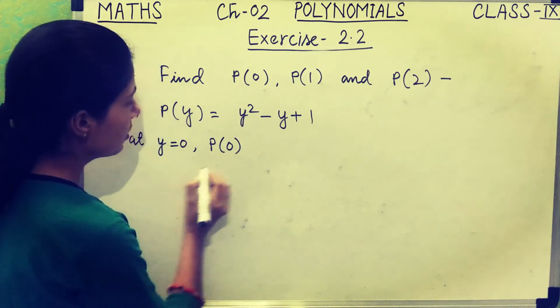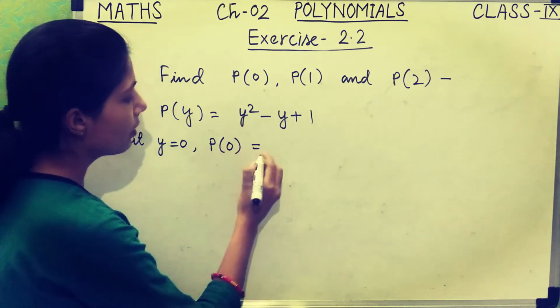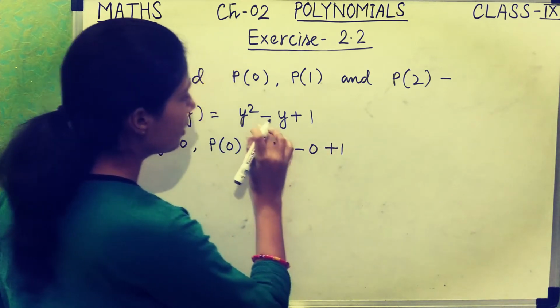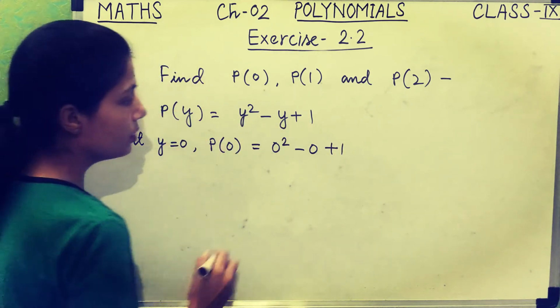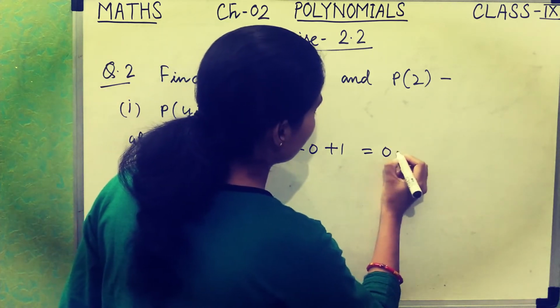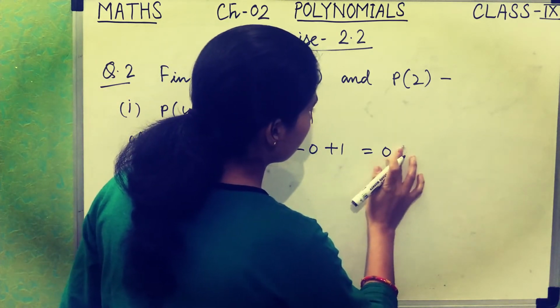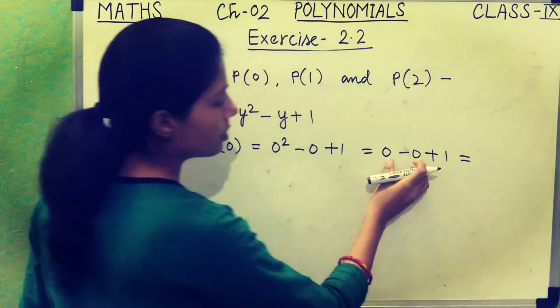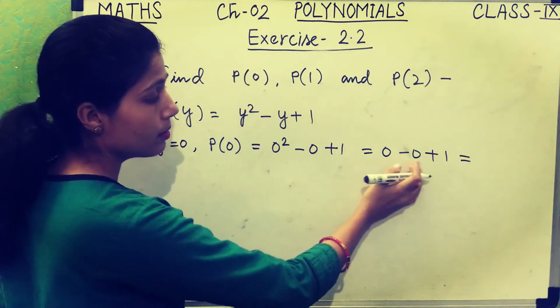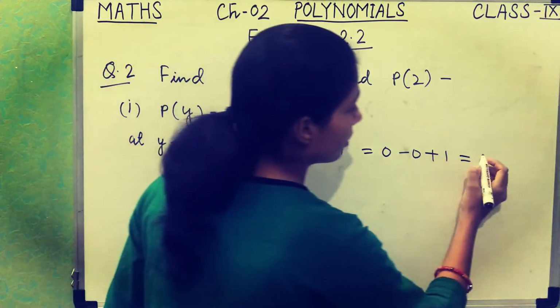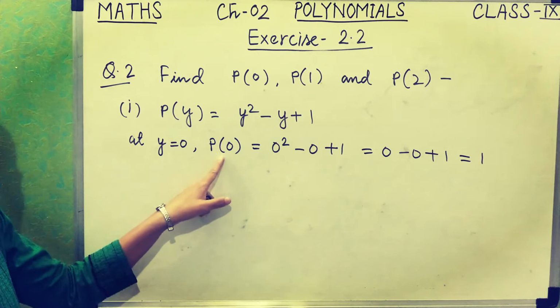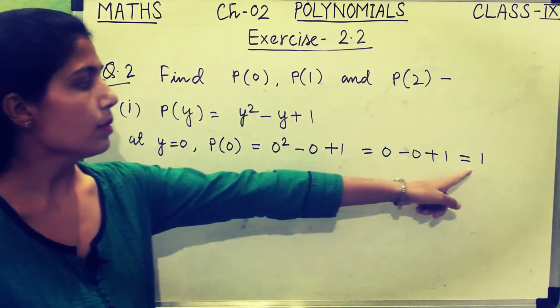p0 it means, so square of 0 minus 0 plus 1, in place of y you have to put the value 0. So square of 0 is 0, minus 0 plus 1. 0 has no meaning, so the answer will be 1. So at y equals 0 the polynomial has value 1.